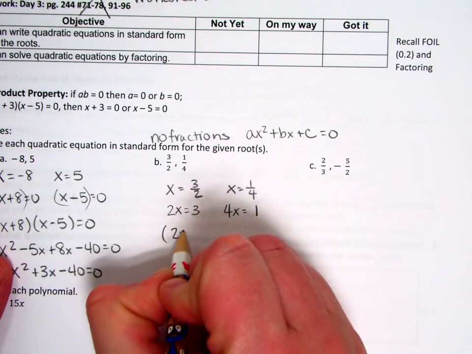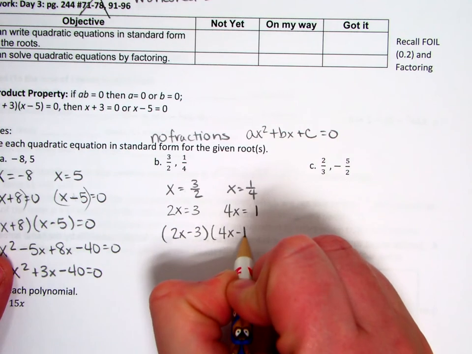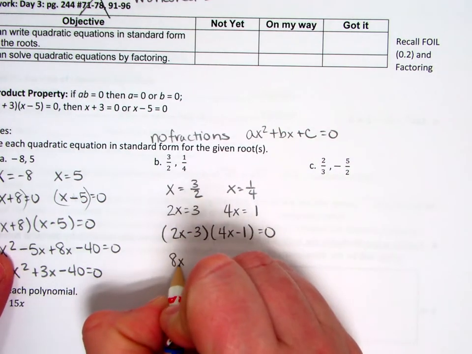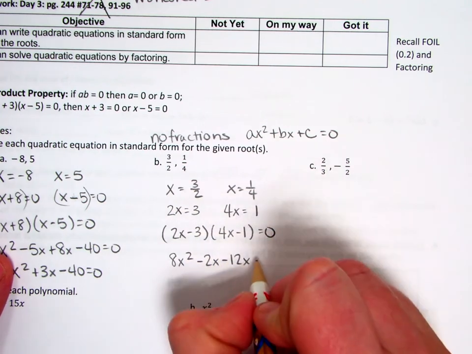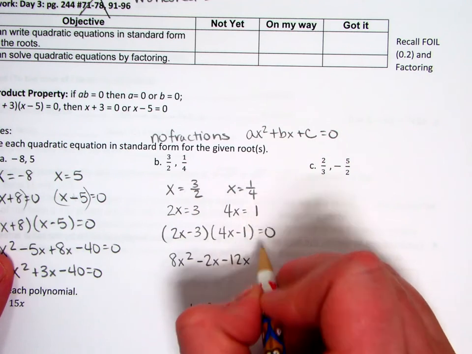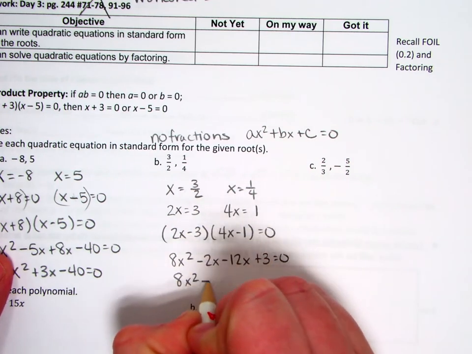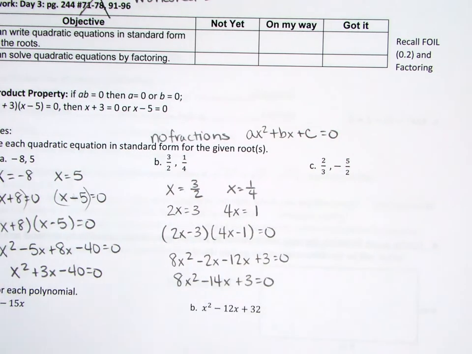So my binomial becomes 2x minus 3 and 4x minus 1 equals 0. Multiplying that out, you would get 8x squared minus 2x minus 12x, and 3 times negative 1 is a plus 3 equals 0. 8x squared minus 14x plus 3 equal to 0.